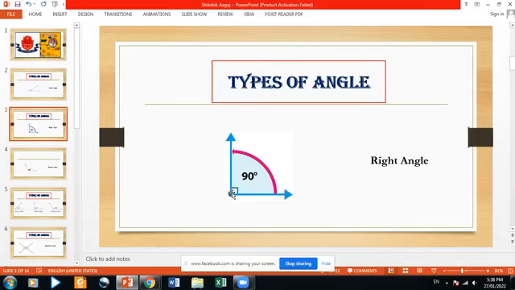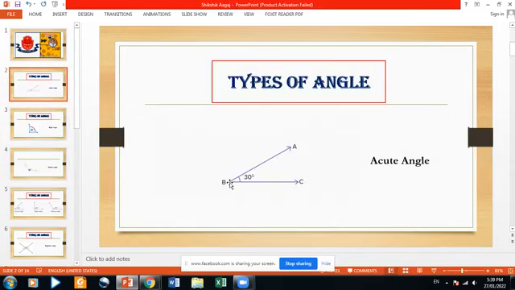We can see this right angle between two walls. When we build a building, the base of the building and the wall of the building are perfectly in a right angle.